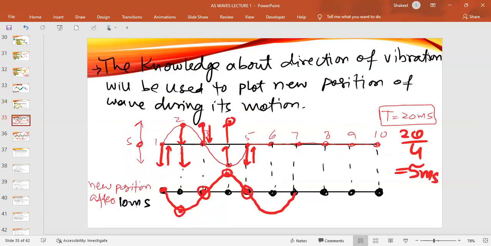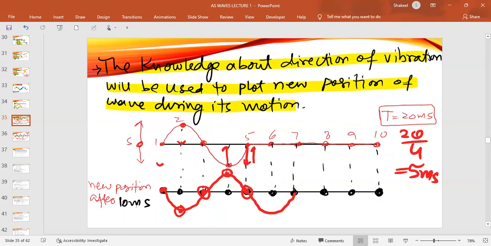Okay, the next thing is the knowledge about direction of vibration will be used to plot the new position of the wave during its motion. So, let me just draw the wave again to give you the example.